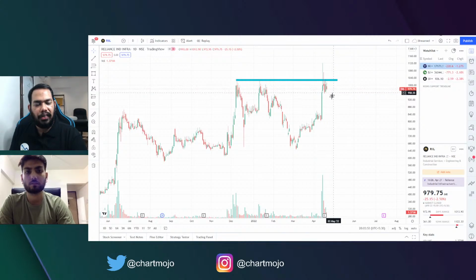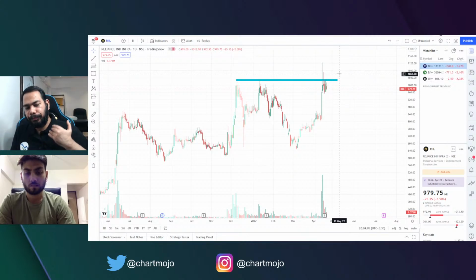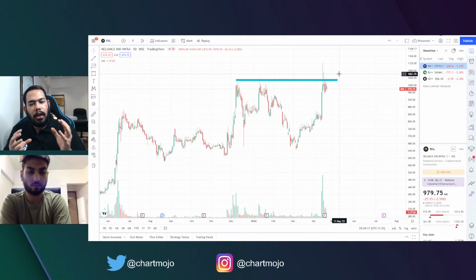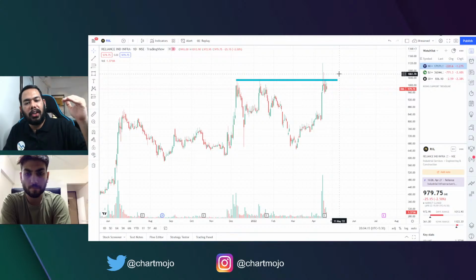Okay. Now, if you want to keep an SL, where will you put your SL? See, the SL is big. Whenever you get a very big movement before the breakout, many times it happens that some of the traders or speculators might book their profit at a break, because they have got that move in 3 days, okay?